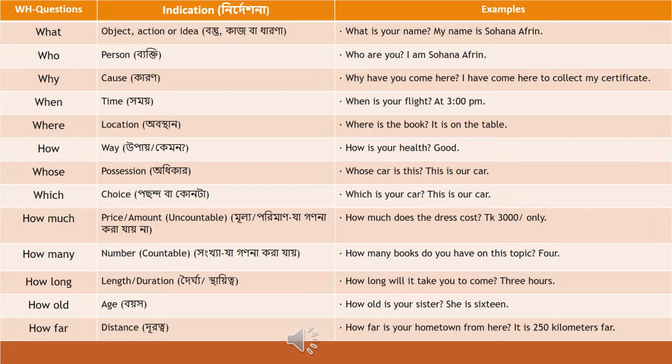Which indicates choice. How much indicates price or amount, and we know that it refers to uncountable. And how many indicates number and it refers to countable. How long indicates length or duration, how old refers to age, and how far indicates distance.